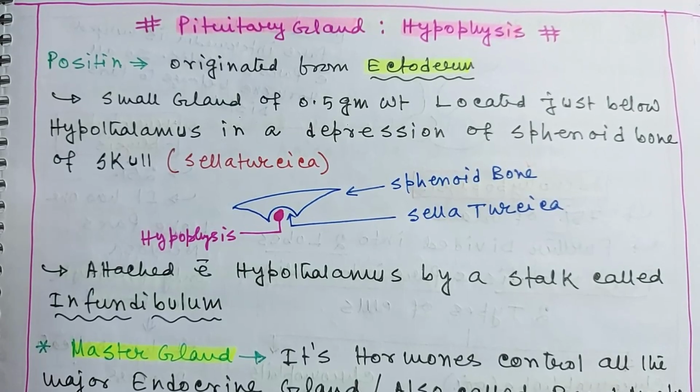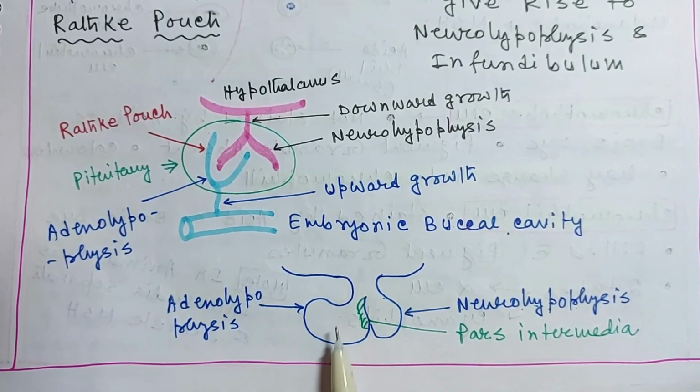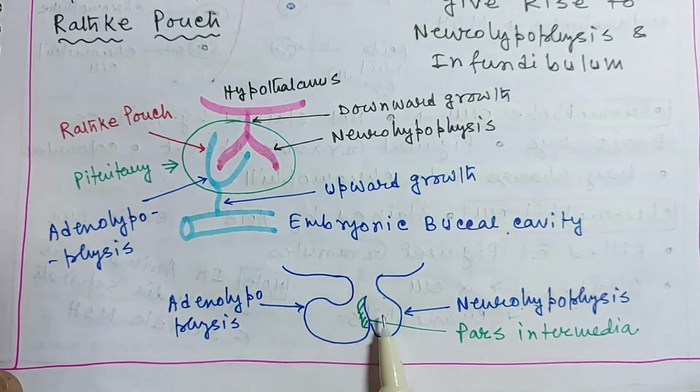Before discussing the origin of the pituitary gland, we should first have a concept of the different regions of the pituitary gland. This is a very simple diagram of the pituitary gland, and you can see two important regions: the adenohypophysis, which is also known as the anterior lobe, and the neurohypophysis, which is called the posterior lobe.